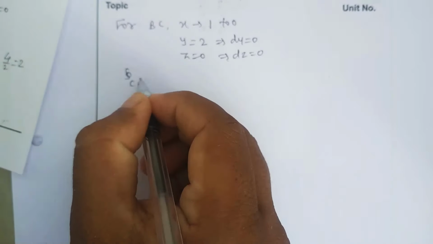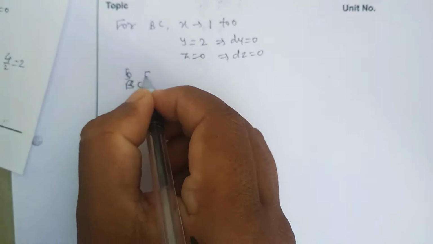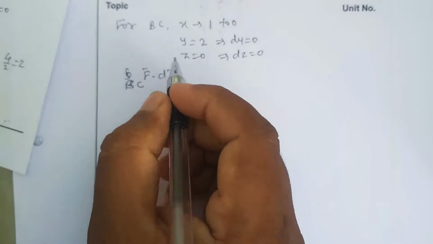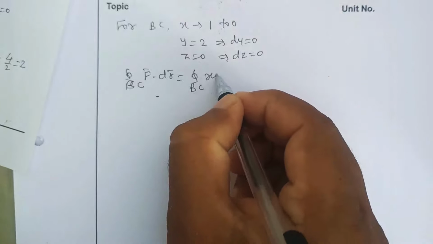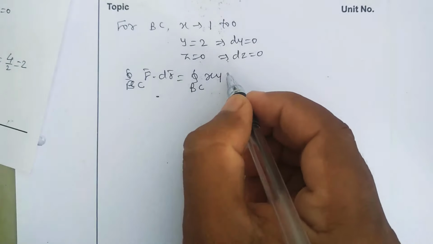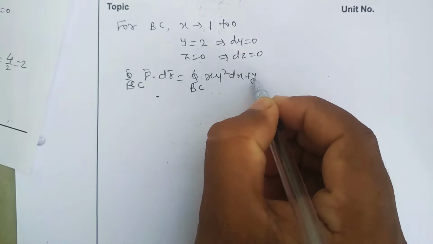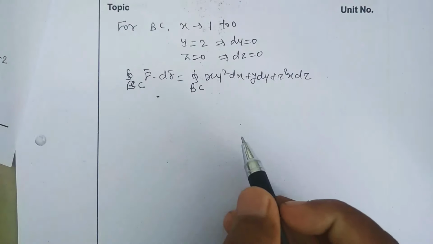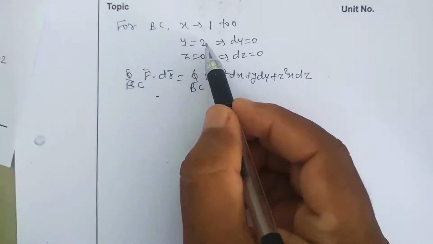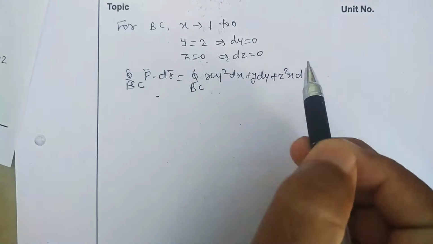Therefore the closed integral over BC of f bar dot dr bar is equal to xy square dx plus y dy plus z square x dz. Now put the values of y and z here, dy and dz also.